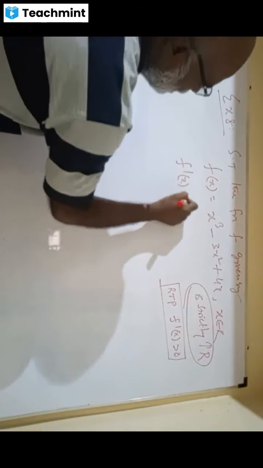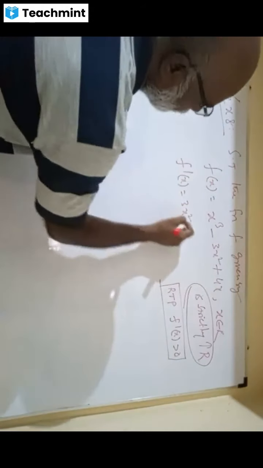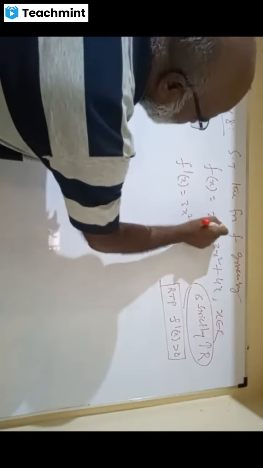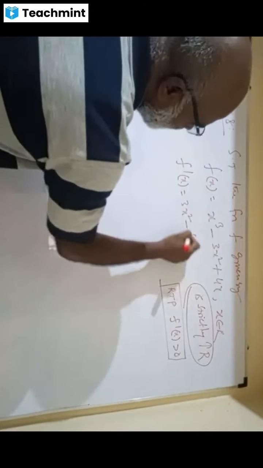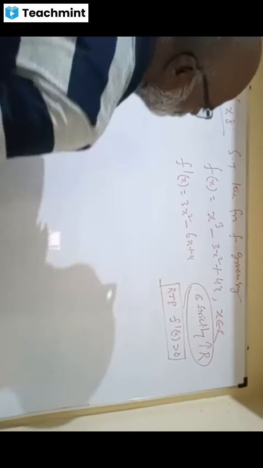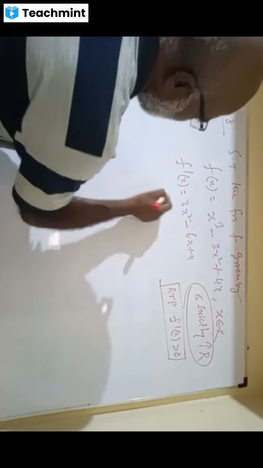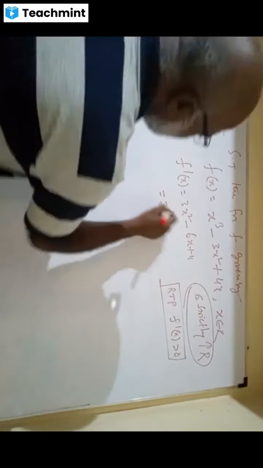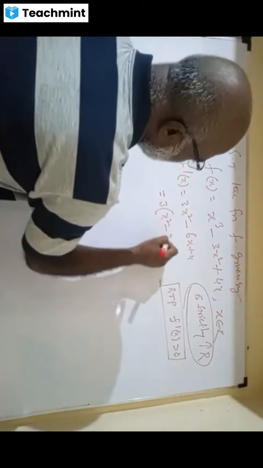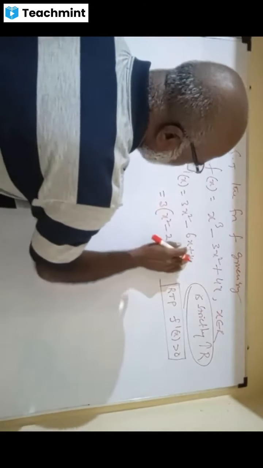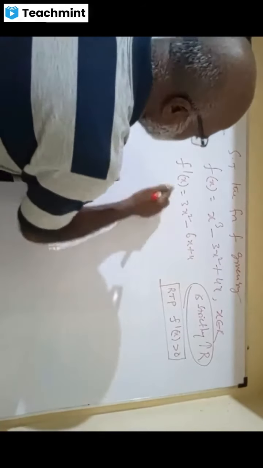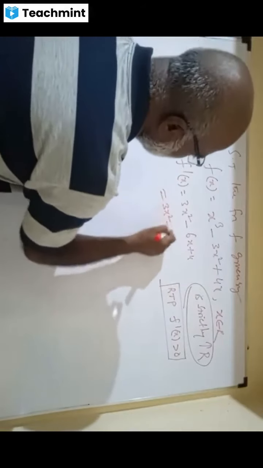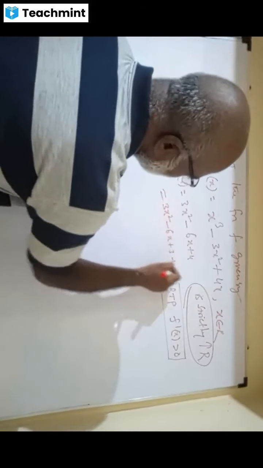By differentiation, 3x square minus 6x plus 4. Take 3 common. This I can write as 3x square minus 6x plus 3 plus 1. Do you agree?